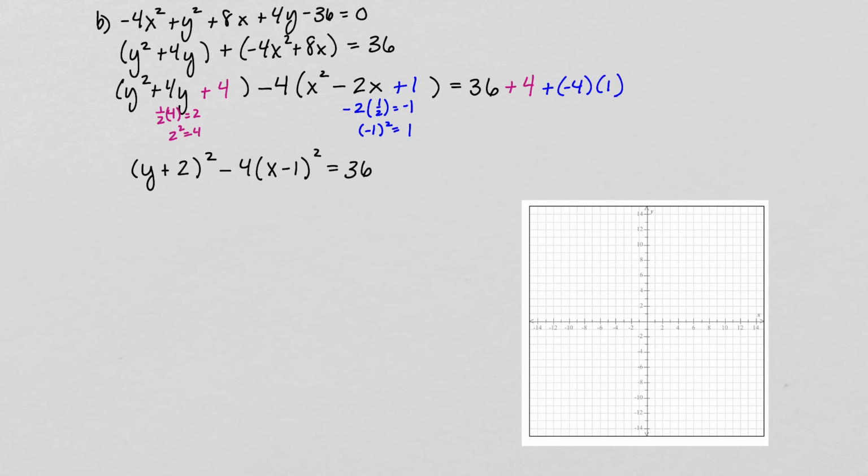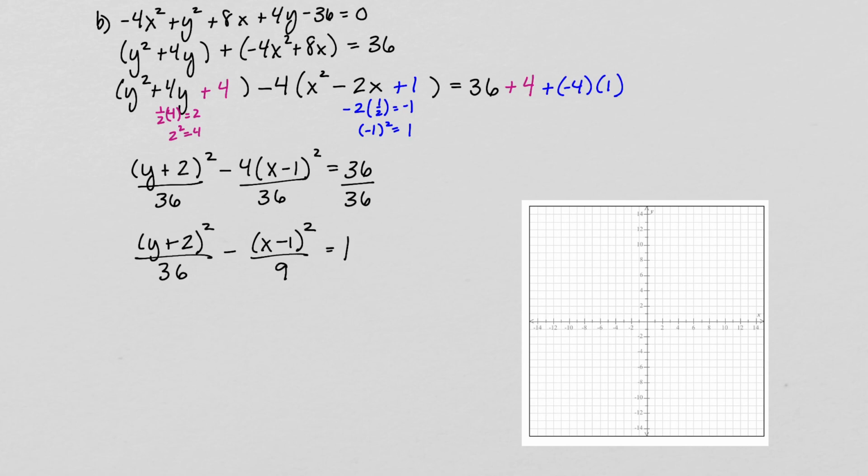And then again, I want to get it equal to 1, so we're going to divide everything by 36. So we've got y plus 2 quantity squared over 36 minus x minus 1 squared over 9 equals 1.